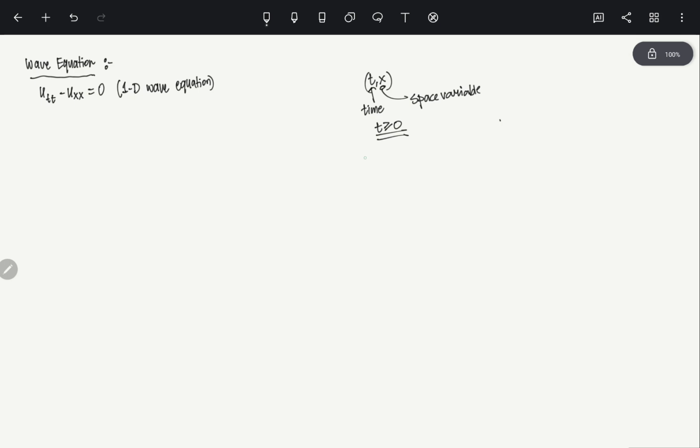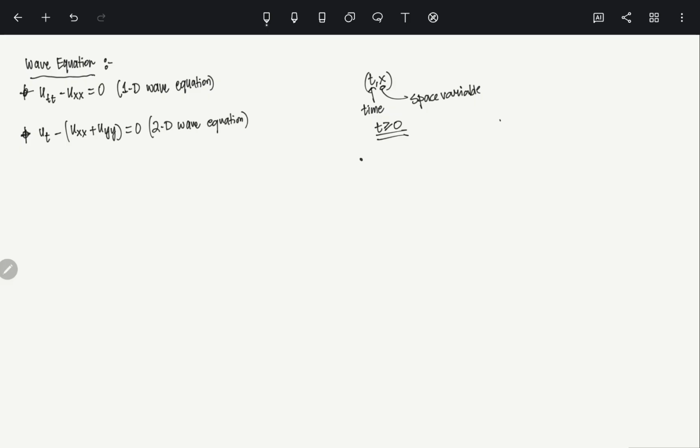Generally speaking, in higher dimension we write it like this. So this is one dimensional, and similarly we write utt minus uxx plus uyy equals 0. If you write it, this will be the 2D wave equation. And we do not explicitly write it like this.